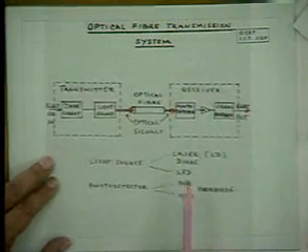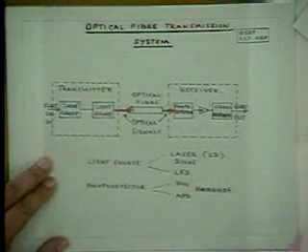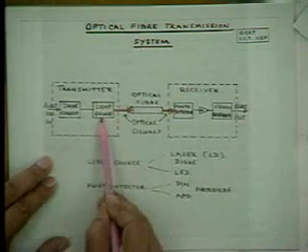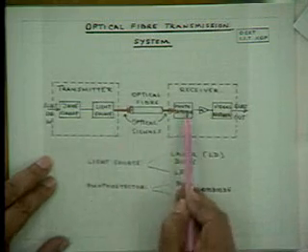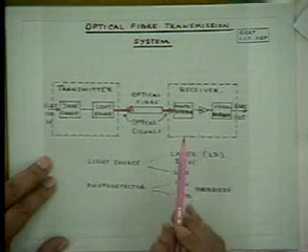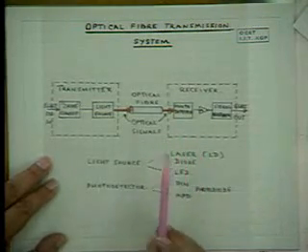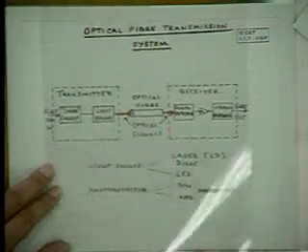So this is the fundamental of an optical fiber transmission system, which we'll discuss. We'll talk about first the materials that go into the light sources, the materials that go into the photodetectors, and what are the performances and the responses of these light sources and photodetectors.